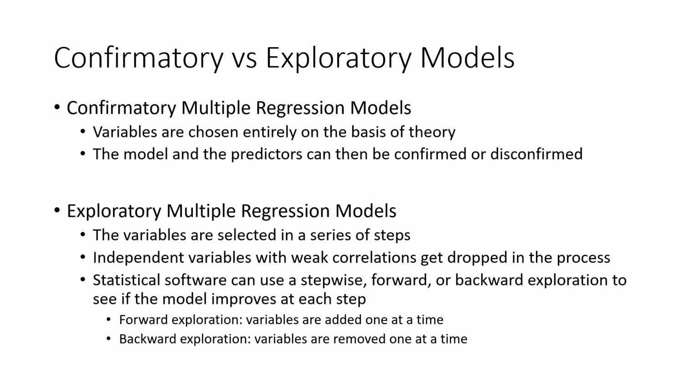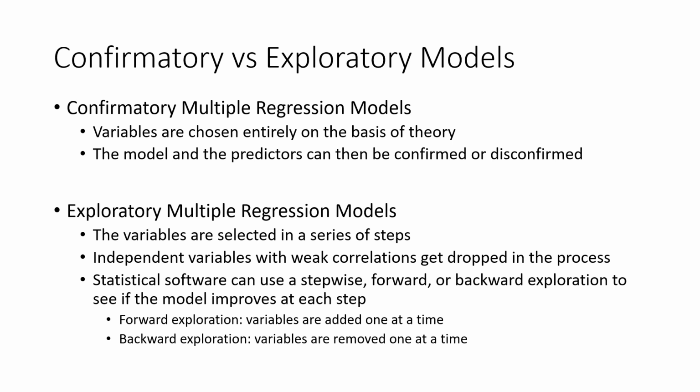Some people find exploratory model building to be akin to almost cheating. It's not cheating, but it's a sneaky way of building a good fitting model. So, ceteris paribus, that is to say, all else being equal, you should opt for confirmatory models over exploratory models.